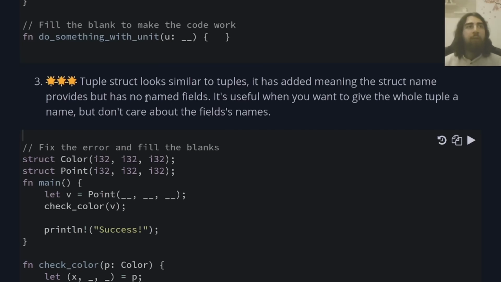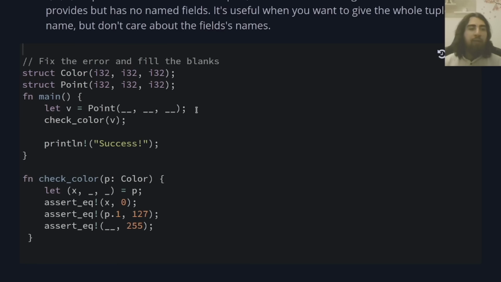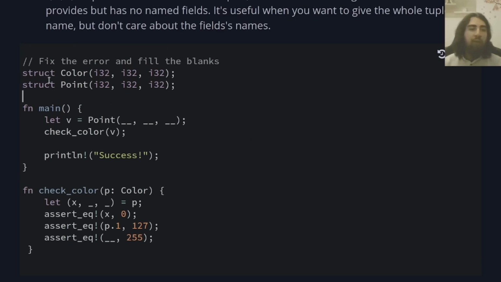Number 3. Tuple struct looks similar to tuples. It has added meaning the struct name provides, but has no named fields. It's useful when you want to give the whole tuple a name, but don't care about the fields' names. So as you can see over here, we have two tuple structs, one color and one point.